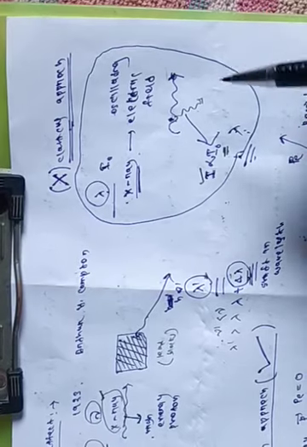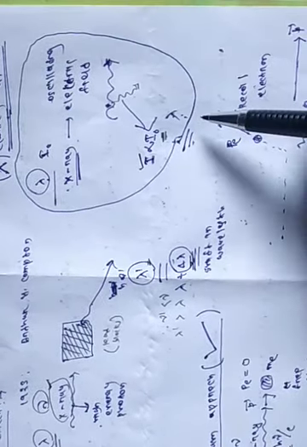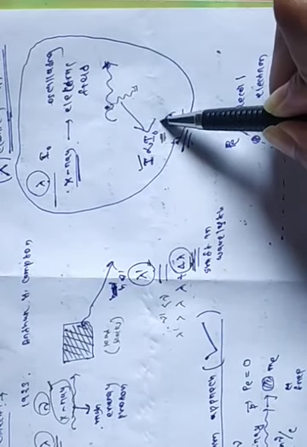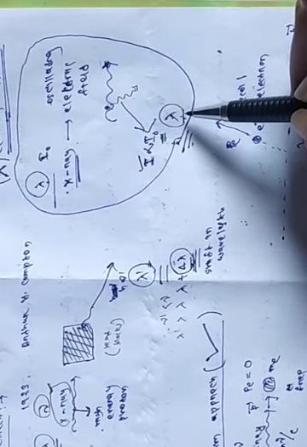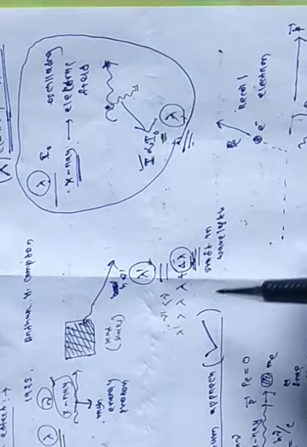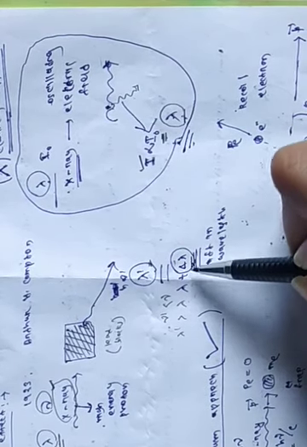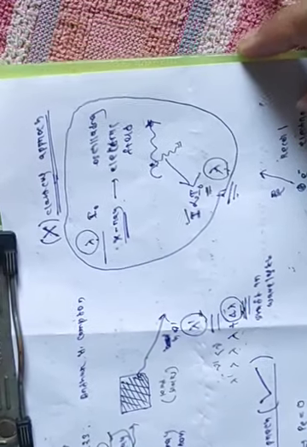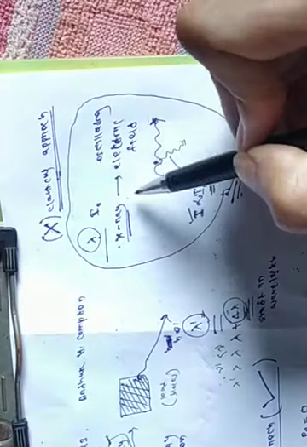But in the experiment we are observing a shift in wavelength, lambda dash, not lambda. Classical theory tells us that we'll be getting a wavelength of the order of lambda, the same as the applied wavelength, but in the experiment we are observing a shift in wavelength: lambda dash equals lambda plus del lambda. So we can conclude that classical theory or classical electrodynamics could not explain the Compton effect.